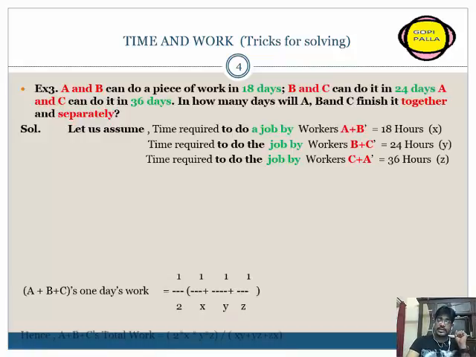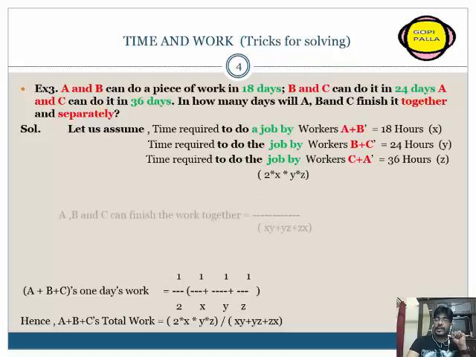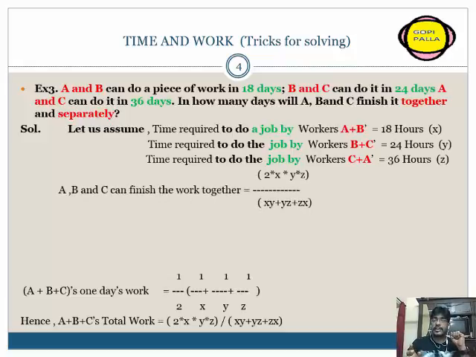If you simplify this, we will get A plus B plus C's total work equals 2XYZ by (XY plus YZ plus ZX). So the trick here is, we are going to apply the same formula, plugging in the values of X, Y, Z to get the total time required.